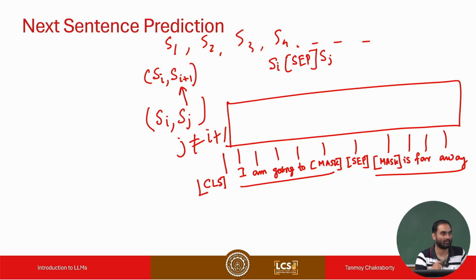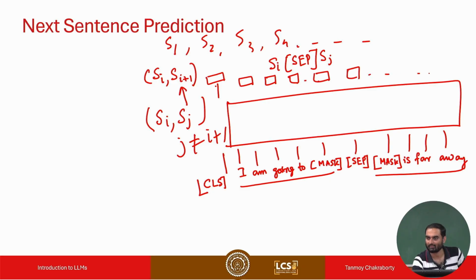CLS is another new token like mask. So I'll get some vector for CLS here, a vector for I, a vector for am going, mask, separator, and so on. Corresponding to the mask token, I will measure the error.